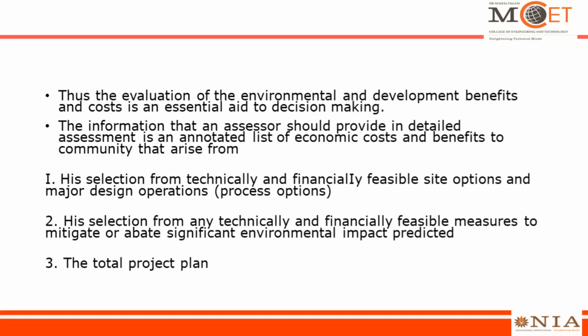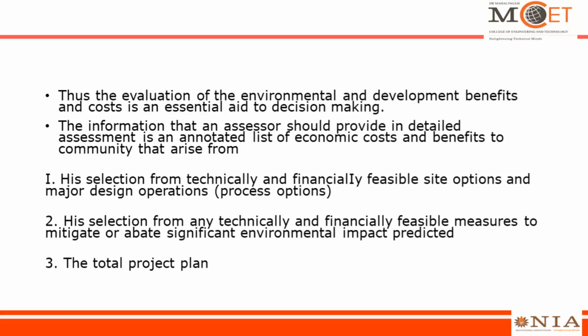Thus, the evaluation of the environmental and development benefits and costs is an essential aspect, right, in decision making, or an essential aid in decision making. The information that an assessor should provide in detailed assessment is an annotated list of economic costs and benefits to the community that arise from number one, his selection from technically and financially feasible site options and major design options.